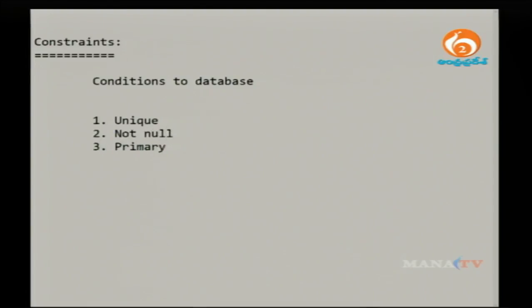A constraint is a place where we can provide conditions to our database. There are a few different constraints supported by SQL Server. First is unique, second is not null, third is primary key, fourth is check, and the last one is foreign key.